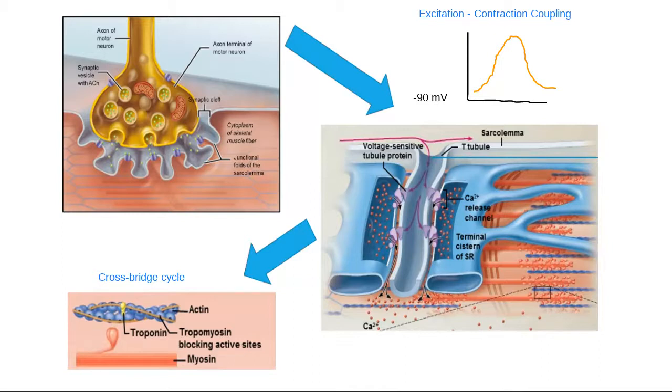So, resting membrane potential on a muscle cell, -90. I use sodium rushing into the cell to depolarize it. I use potassium rushing out of the cell to repolarize it.